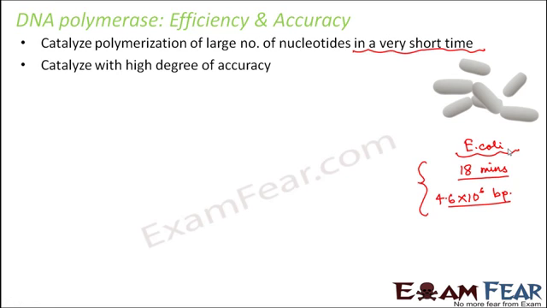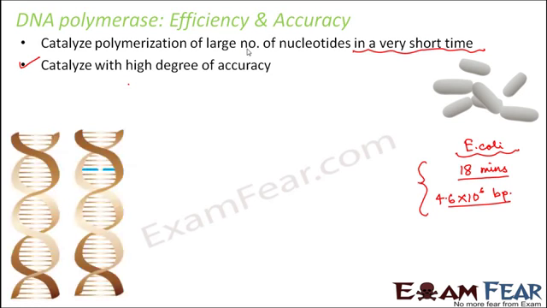It also catalyzes with a high degree of accuracy. Since it is all about replication, we are basically creating a copy, so we should copy it in the right way. For example, if the original copy has a certain sequence, we expect that the new copy being created will also have the exact sequence.